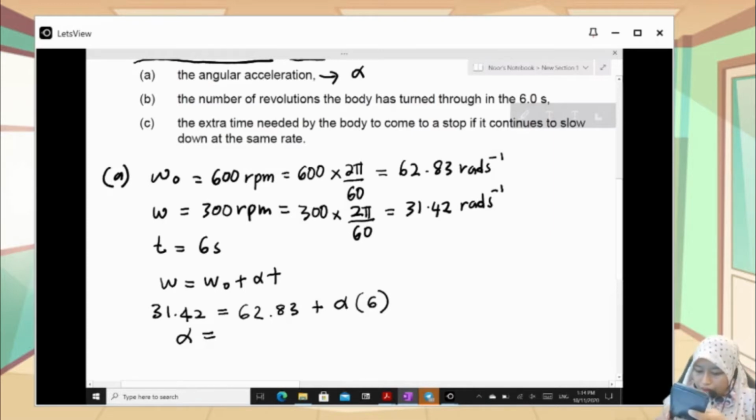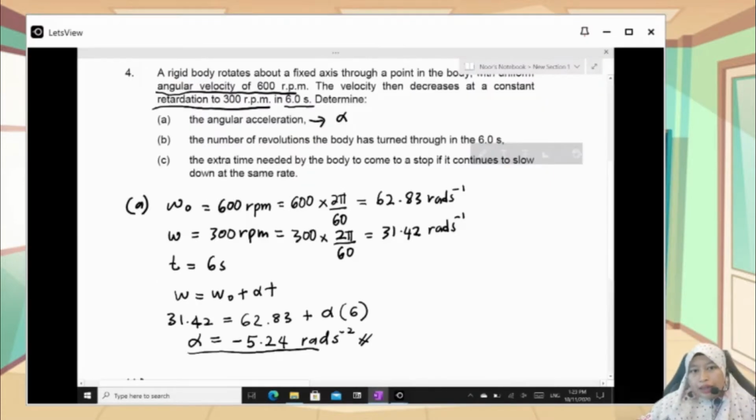Use your calculator. So our alpha is 31.42 minus 62.83 divided by 6. So negative 5.24 radian per second squared. So the unit is radian per second squared, okay, because it's acceleration, angular acceleration.